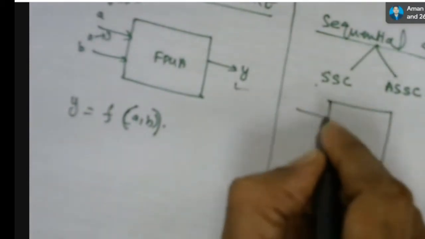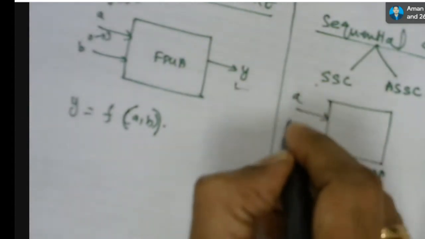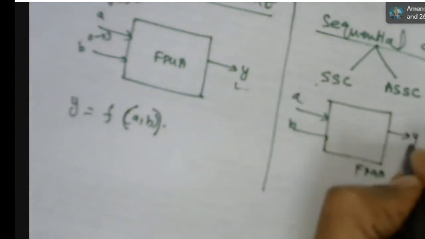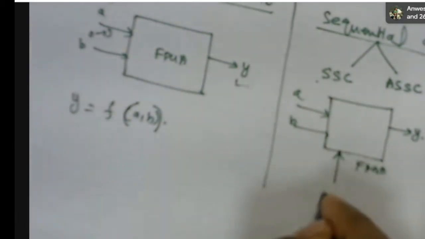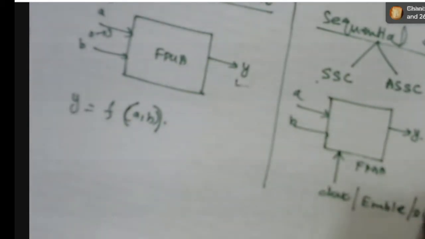But in this circuit, again FPGA, again two inputs are there, A comma B, again one output, Y, but one more input will come there. That input may be clock or enable, or disable, or control, or manager.